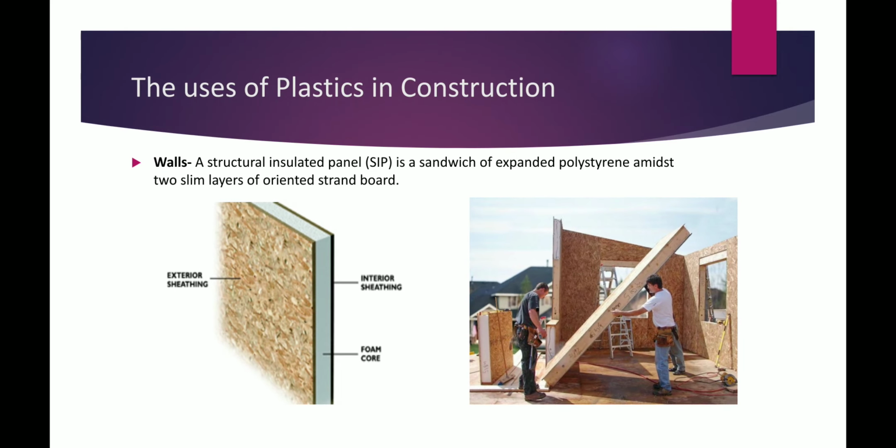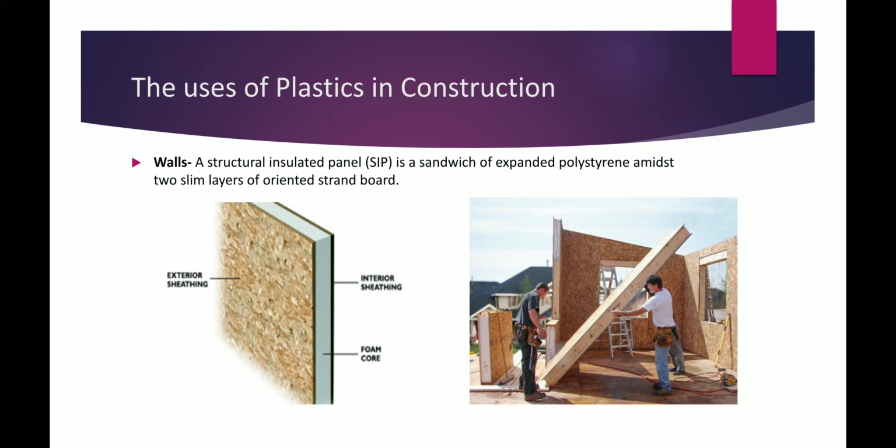The uses of plastics in construction. For walls. Structural insulated panels are used for walls as well as floors and roofs for residential and light commercial buildings. Structural insulated panels are high performance building panels. The panels are made by sandwiching a core of rigid foam plastic insulation between two structural facings such as oriented strand board.